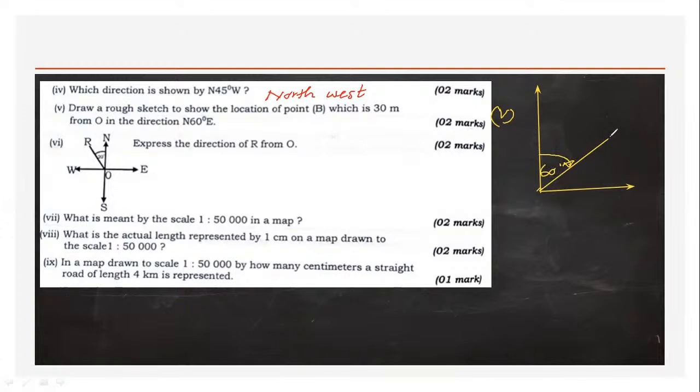And 30 meters away here. Then they are saying north 60 to east. This is east. This way you can represent it, right?